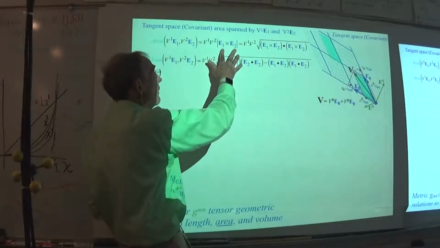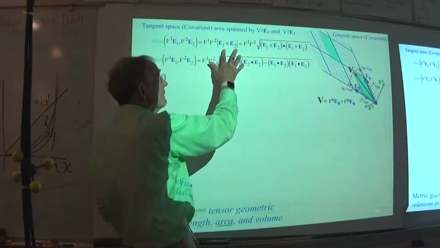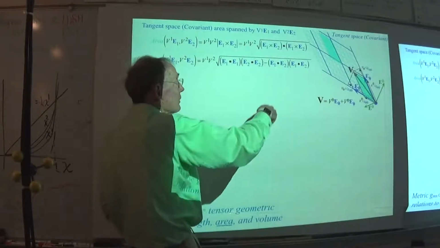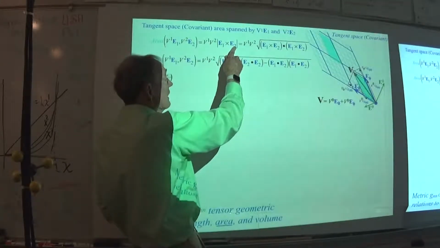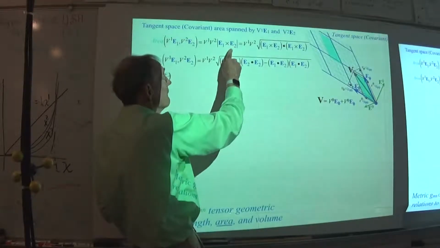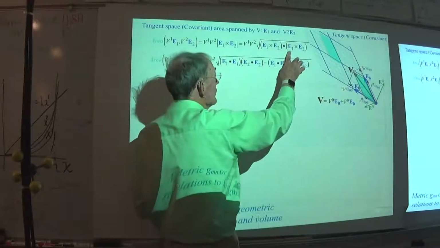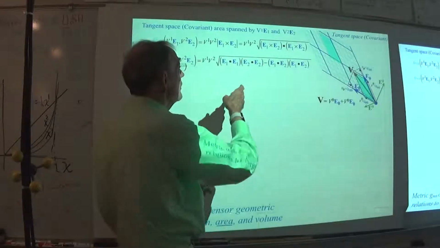I think we have already talked about this a little bit when we talked about angular momentum having an area associated with it, which is conserved in isotropic orbits. You remember that stuff? Well, here I'm using that cross product, and so I need the length of that cross product. That reduces to this.